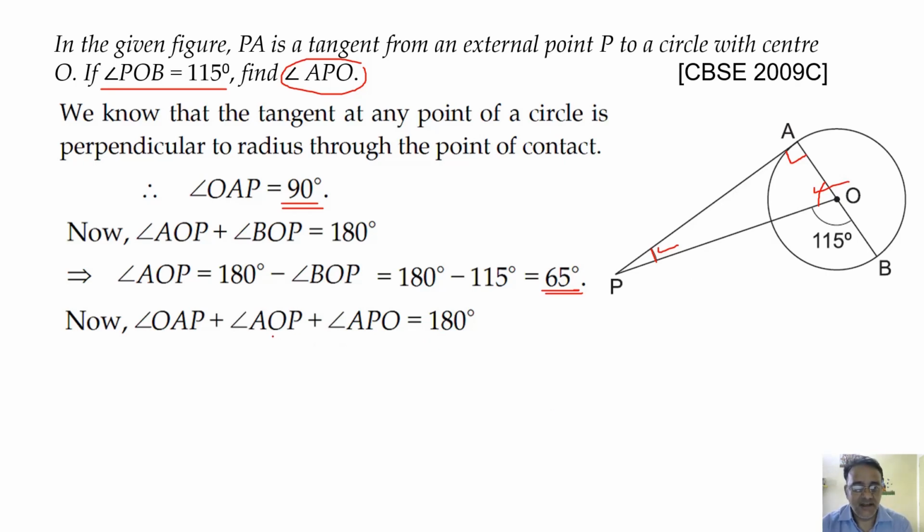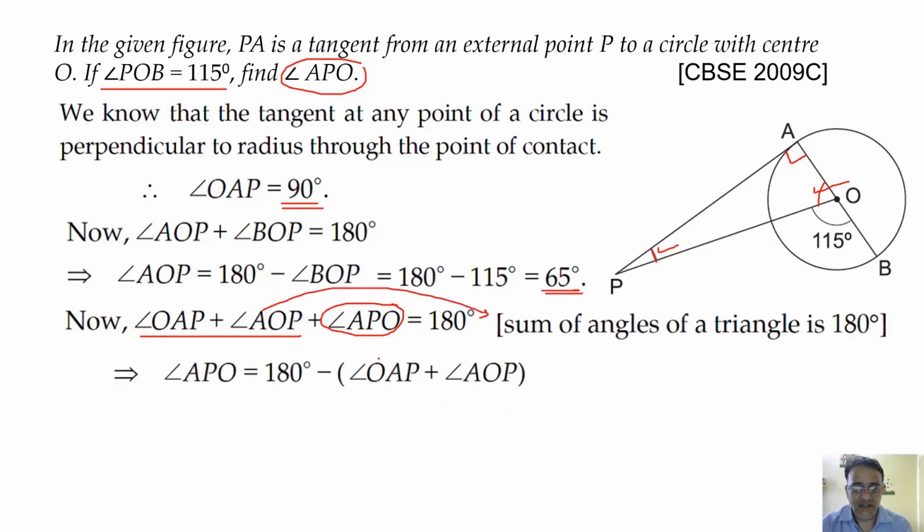In this, we have to find angle APO, right? So we can shift this to this side. So दोनों को shift करेंगे तो minus हो जाएगा. Now substitute the value 90 plus 65, 155. 180 minus 155. What is the final answer? 25 degree. Right, 25 degree. So any doubt in this question?